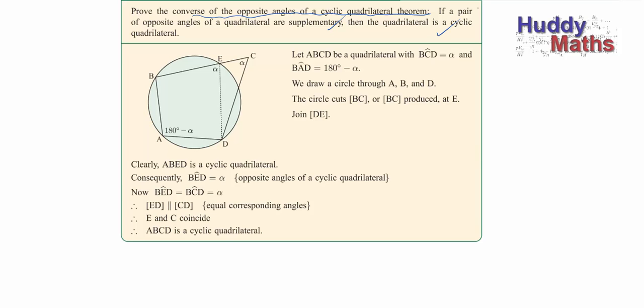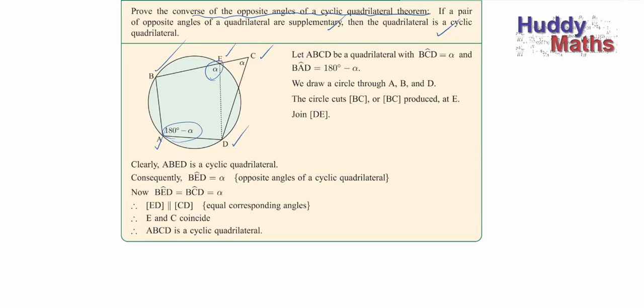Okay, we've been sort of just hinting at that. So if you start with the cyclic quadrilateral, let A, B, C and D be a quadrilateral, and we're going to say that BAD here is 180 take alpha. If this is alpha and this one's cyclic, ABED is cyclic, then you know that that one and that one are 180 and 180 take alpha.